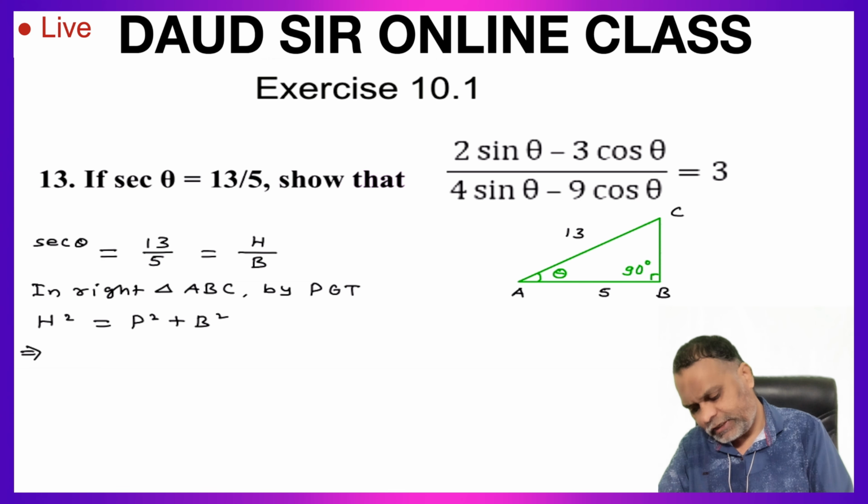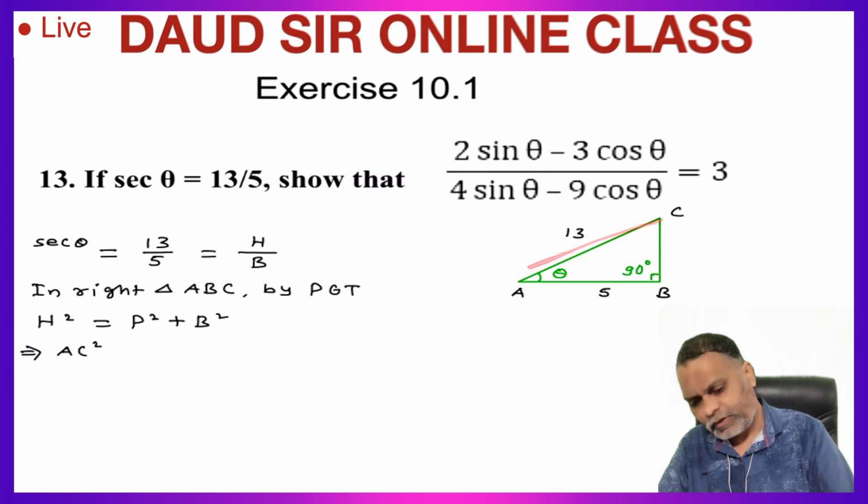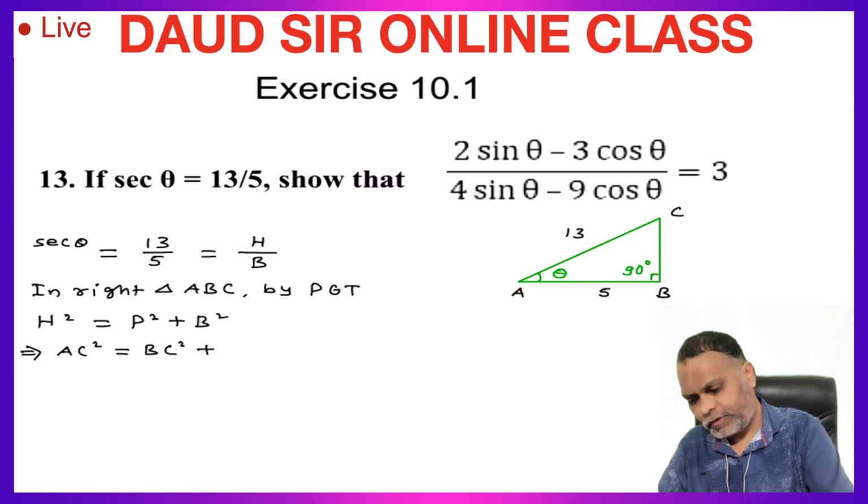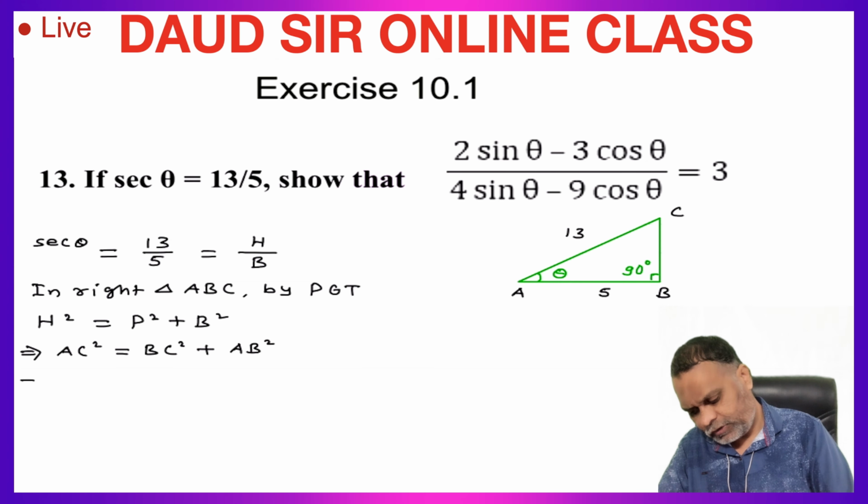H is AC square, this is hypo. Perpendicular is this BC, is equal to BC square plus base, this AB square. Substitute the values. AC is 13, so 13 square is equal to BC square as it is, and AB is 5, so 5 square.